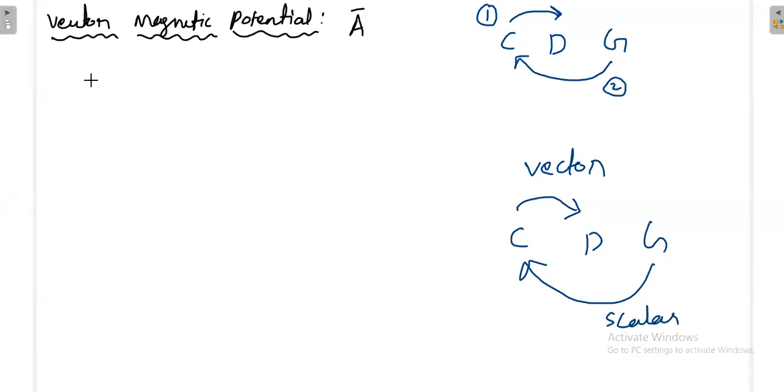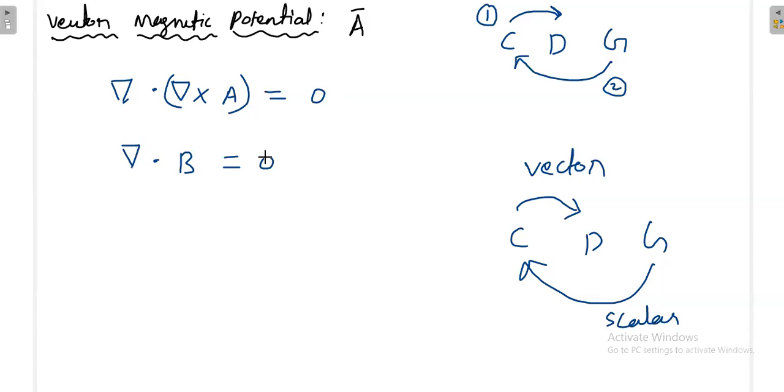So first I will take the curl, then I take the divergence. Del dot (del cross A) is equal to 0 definitely, but one thing is very clear, for del dot B also 0.